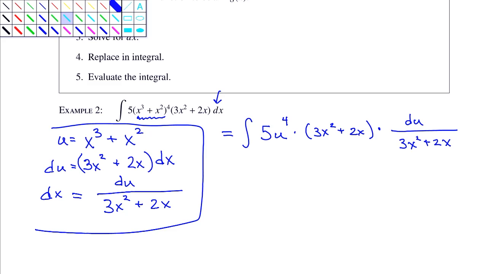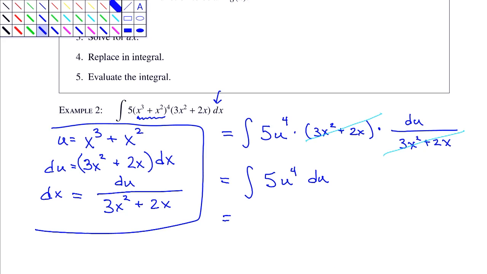Now what cancels? Those cancel. And that leaves me with the integral of 5u to the 4th du. And that's one we can do. That's the point. You substitute out the ones that were too hard to look at and do, and you have now new ones that you can do.